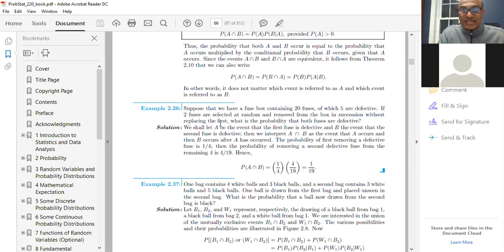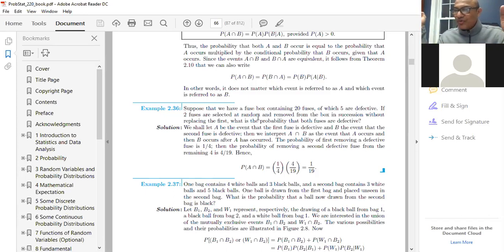If two fuses are selected at random, right? Now 20 fuses are in the box, and 5 are defective. You are selecting two fuses at random and removing them from the box in succession. You take 2 fuses removed from the box without replacing.